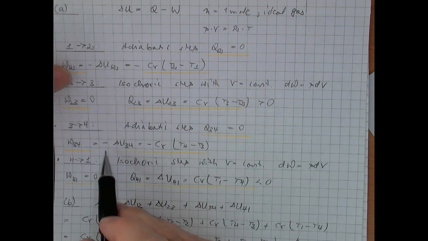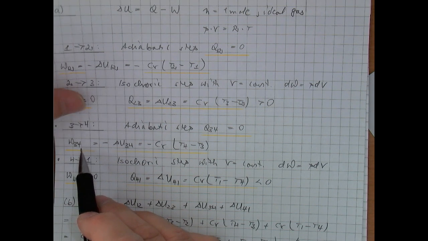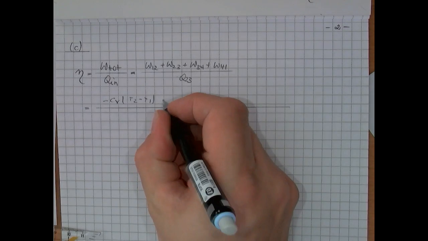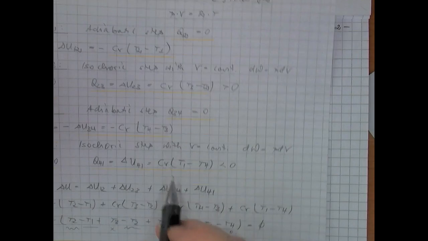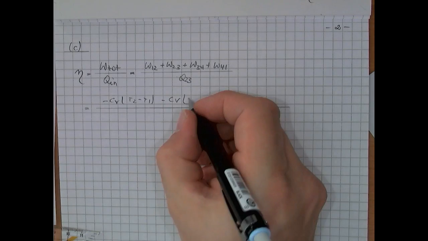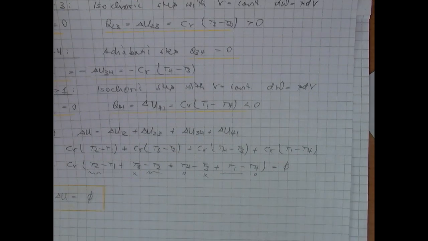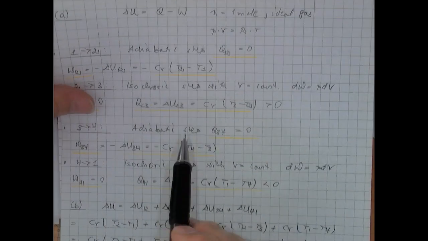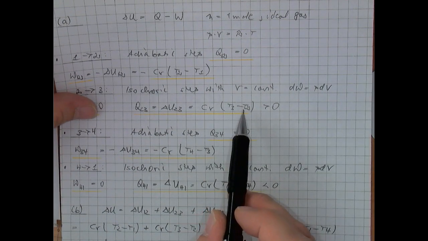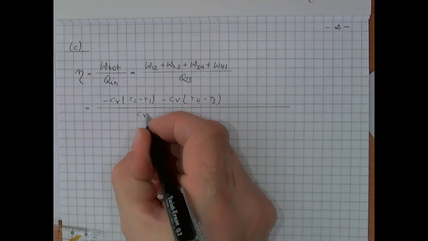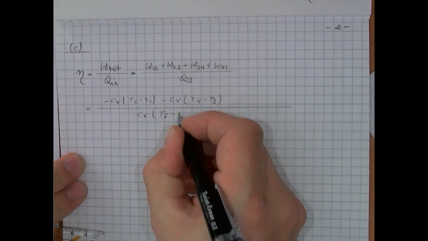Q23 is 0, and then we have one more plus Q34, which is minus C4 T4 minus T3, and then we're dividing this by Q23, and Q23 is given here, C4 T3 minus T2.